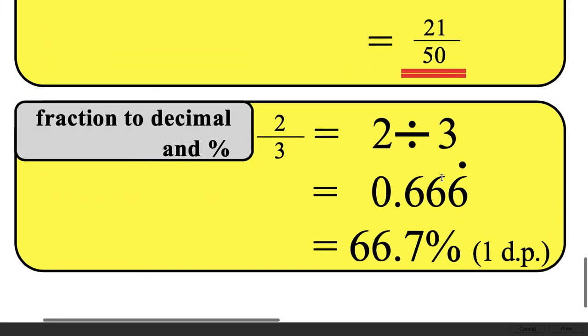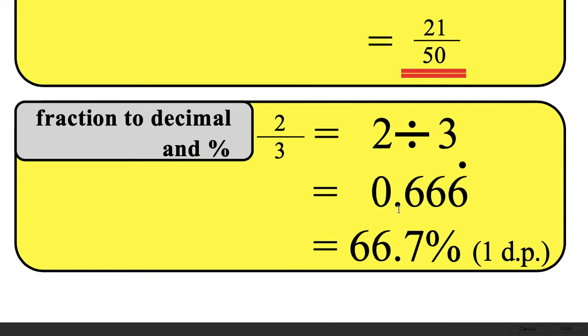A fraction to a decimal and then to a percentage. So for example, 2/3. You need to remind yourself that the line in a fraction means that you're dividing. So 2/3 equals 2 divided by 3, which you can do by hand or by calculator. 2 divided by 3 is 0.6666666 recurring, and you can just put a little dot over the 6 to say that that's recurring, or going on forever.